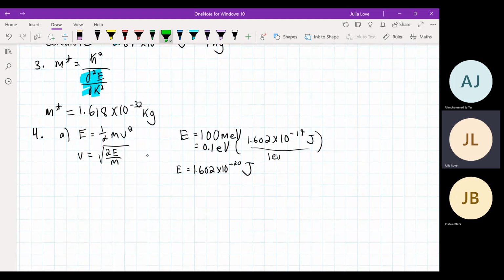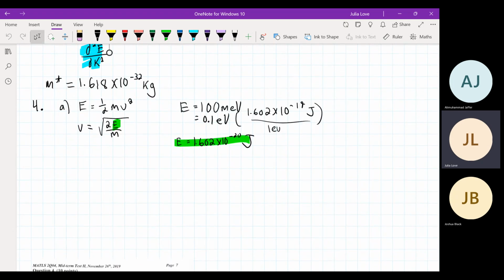So plugging in this energy into here, as well as the mass of electron of 9.1 times 10 to the minus 31, we get a velocity of 1.876 times 10 to the 5 meters per second.